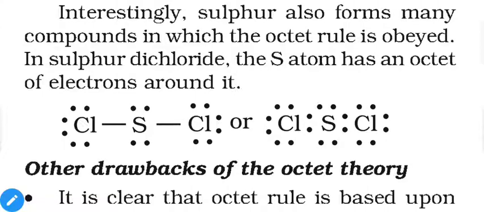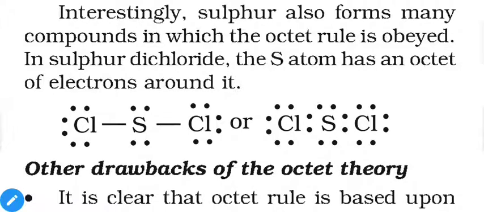Now, interestingly, sulfur also forms many compounds in which the octet rule is obeyed. In sulfur dichloride, the sulfur atom has an octet of electrons around it, that means 8 electrons. That means we can say that when these types of elements use only s and p orbitals, they will follow the octet rule.